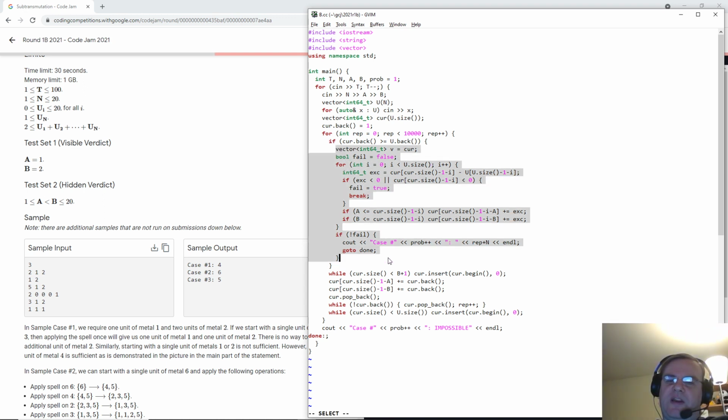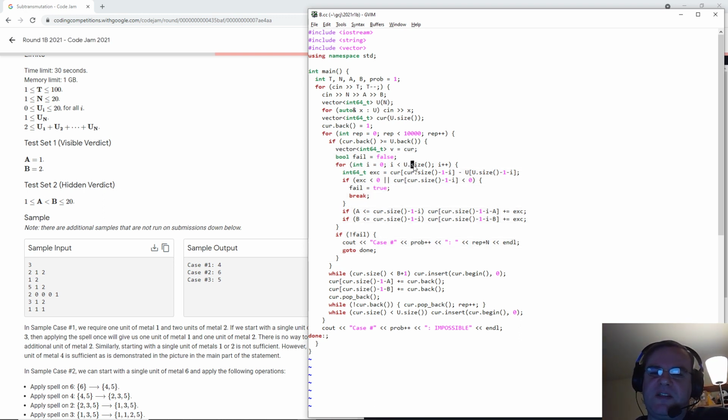So right now I'm looking at my excess here, or sorry, my test for whether it can match u at the moment, which notably is not the same as saying that all the values of cur are greater than or equal to the current values of u, because I do have to propagate this excess. Am I correctly propagating the excess?